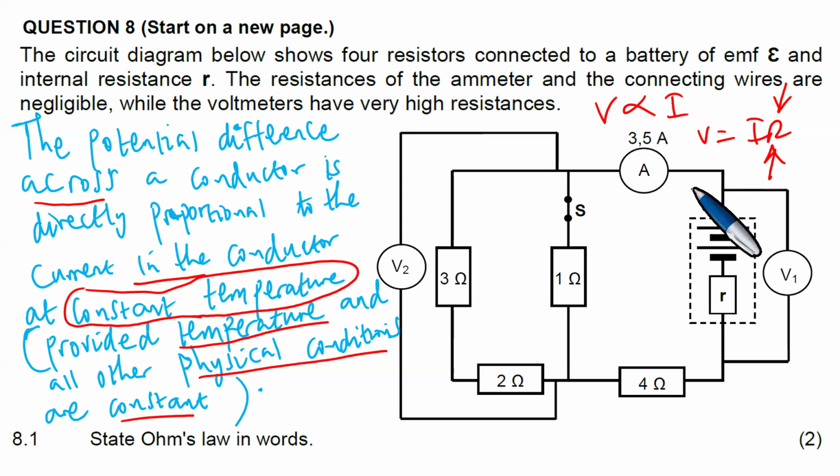But when is R constant? Well, when temperature is constant. When temperature is constant, then even the resistance is constant, and then we can do our things using Ohm's law. We can use V equals IR because this formula does not hold when the temperature changes.